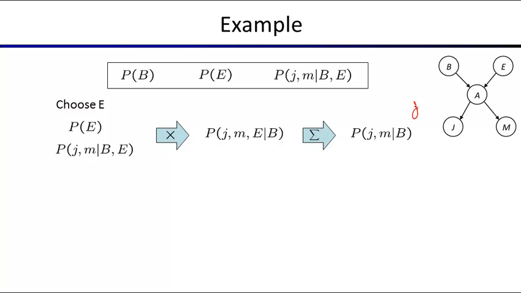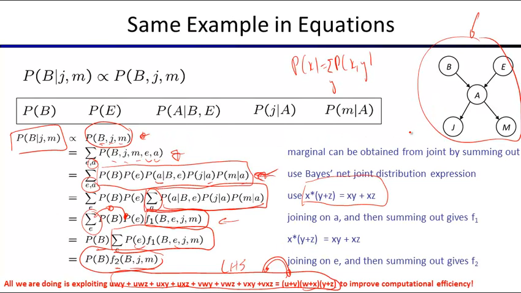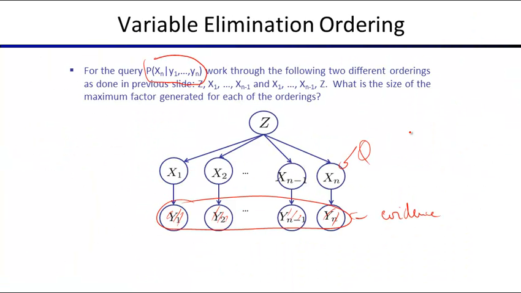Here we generated one with dimensionality equal 1, just one variable. So the key is you count the number of variables in every factor you generate, and then you see which ordering gives you factors with the lowest number of variables per factor. Keep in mind, evidence variables don't count because they don't introduce more entries in your tables. They're fixed. It's the hidden variables and the query variables, the ones that are still variable, that matter. All right, let's see what you can come up with.